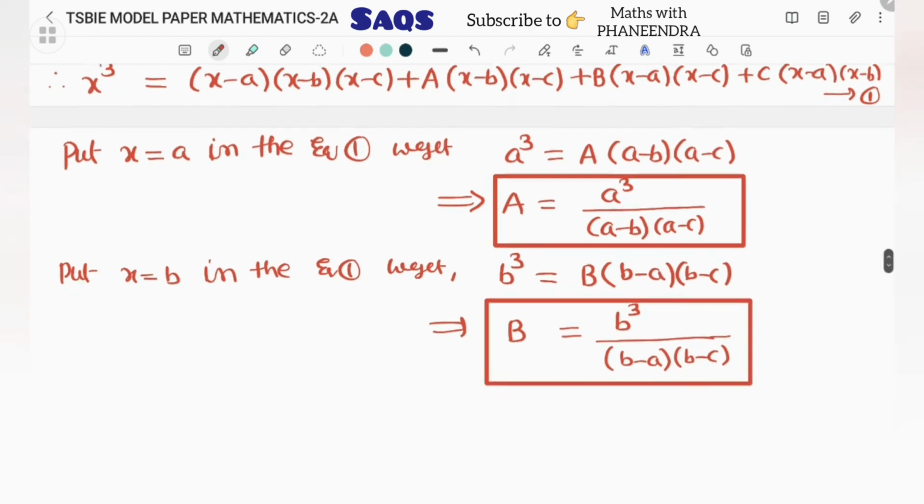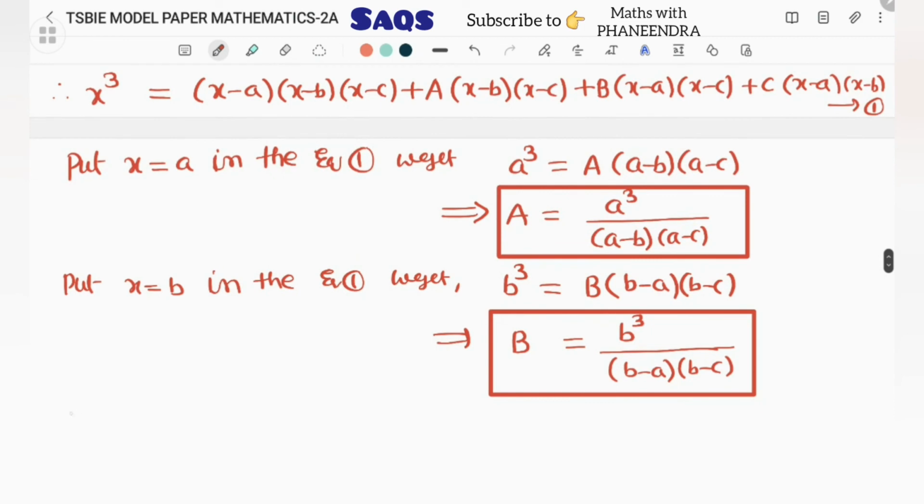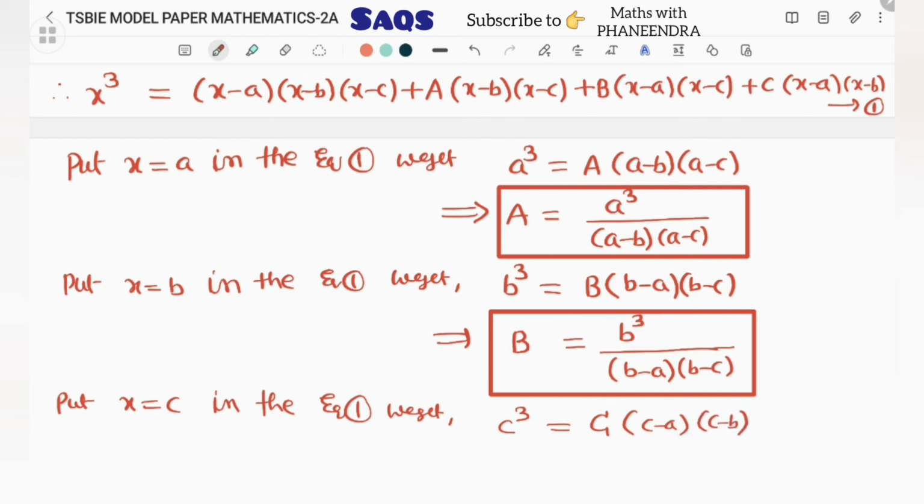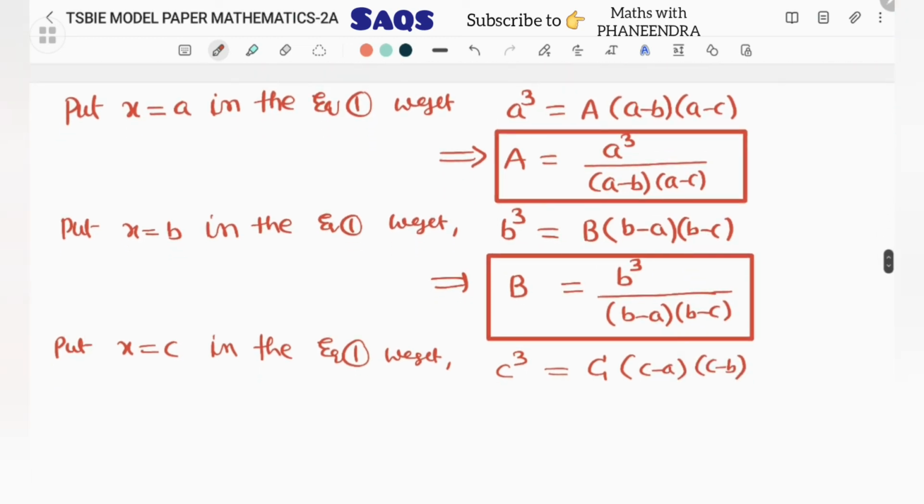Now similarly, to get the C value, put x equal to c in equation 1, we get c cube equal to capital C into (c minus a)(c minus b). So capital C equals c cube divided by (c minus a)(c minus b).